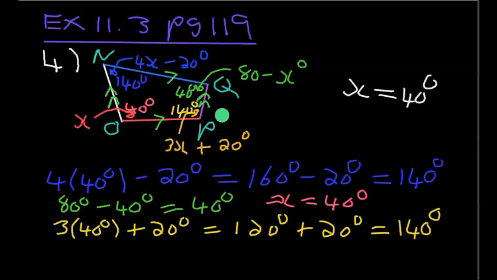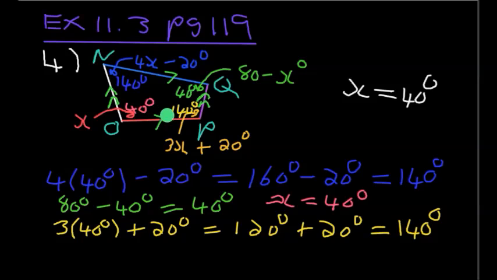Okay, so let us quickly think what kinds of quadrilaterals have two pairs of sides that are parallel to each other. The first one that I can think of is a rectangle. Okay, but we have a problem.